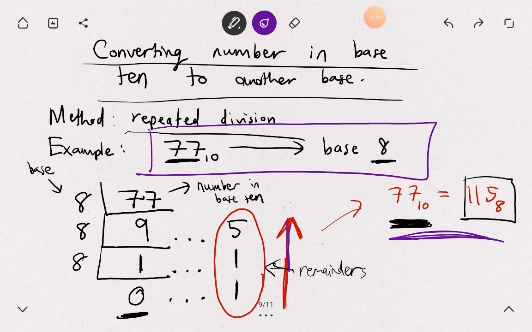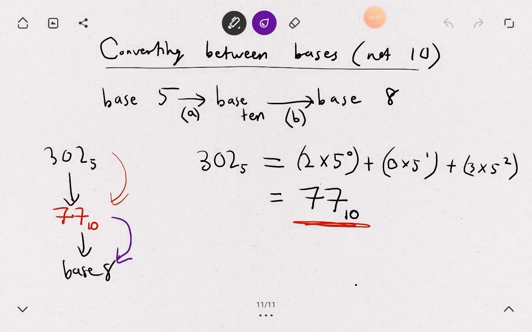This is very important. The order is very important, because if you write 511, this is wrong. It is 115. So the upward order is very important. Then we know that 77 base 10 is equal to 115 in base 8. We have already done the working.